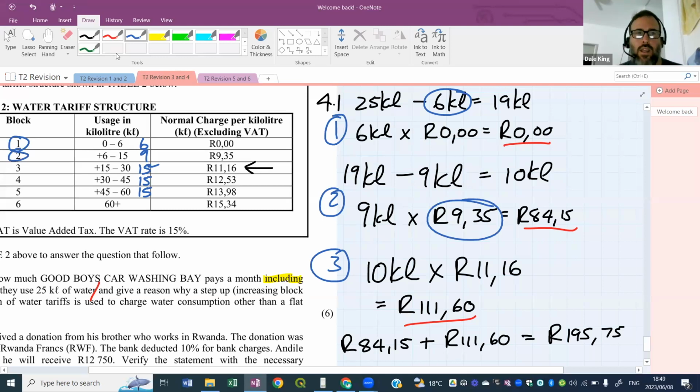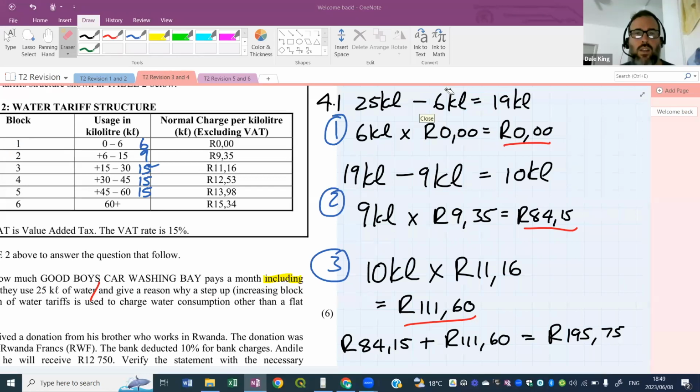Then I still had 10 kiloliters left, so I'm moving through block 2 into block 3 now. I've got 10 kiloliters in block 3, so I'm charged at the block 3 rate, which is 11.16 Rand. So these numbers on the side, 1, 2, 3, are me working through each block, each row of the table, taking water off and charging for each portion of the water as I go. I hope that answers that question.